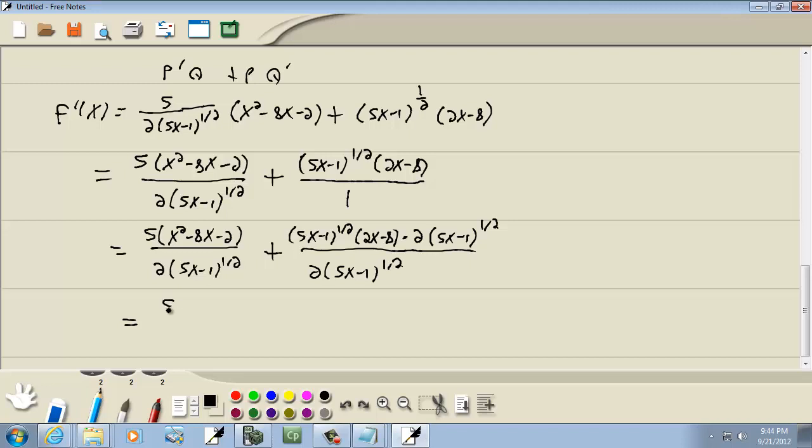And that gives us 5 times x squared minus 8x minus 2 over this. Plus 2, and I got 2x minus 8. Now 5x minus 1 to the 1/2 times 5x minus 1 to the 1/2. Since they're the same, you're going to add the exponents. 1/2 plus 1/2 is 1, so this just becomes 5x minus 1 over this.